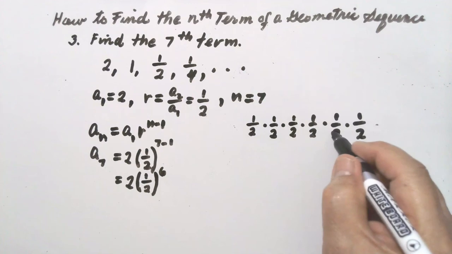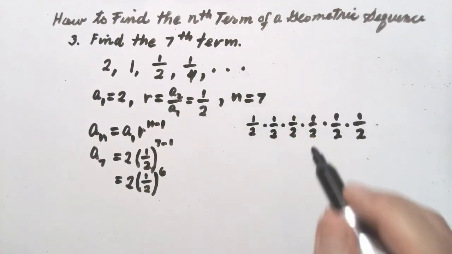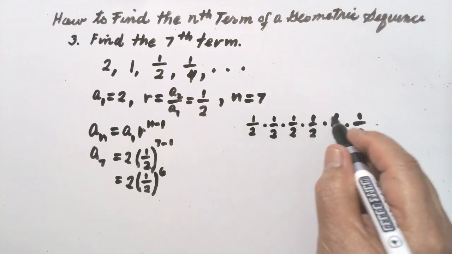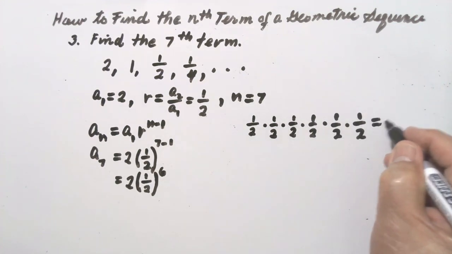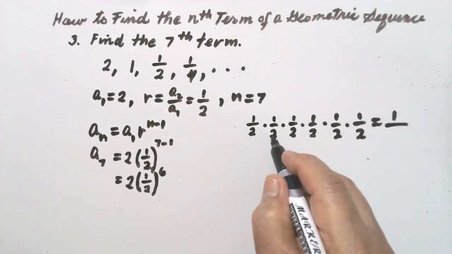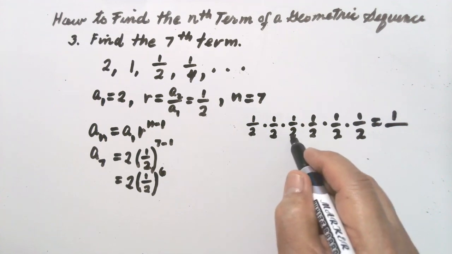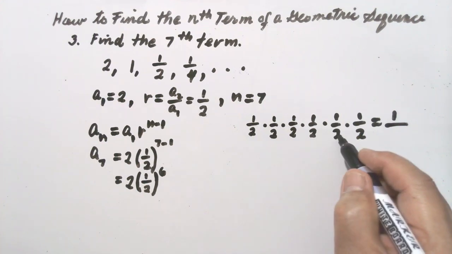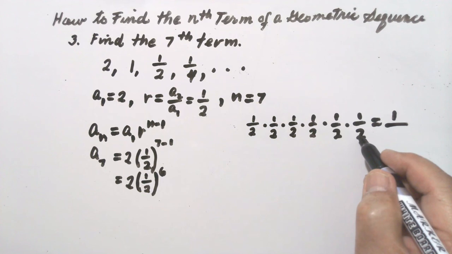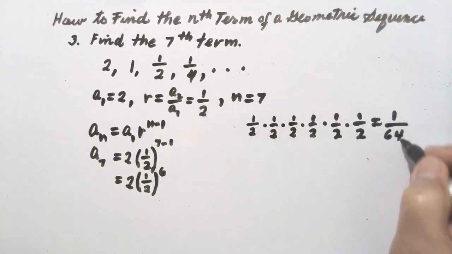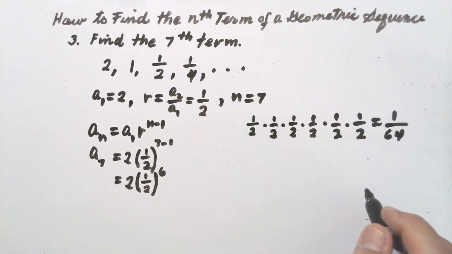Let us check. 1, 2, 3, 4, 5, 6. Okay. So 1 times 1 times 1 times 1 times 1 times 1 is of course equal to 1, over 2 times 2, 4. 4 times 2, 8. 8 times 2, 16. 16 times 2, 32. 32 times 2, 64. So this is 1 over 64.